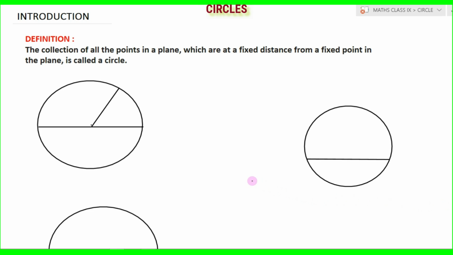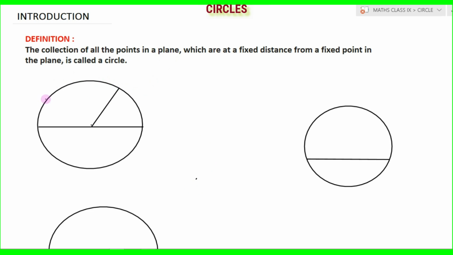One common definition is: the collection of all the points in a plane which are at a fixed distance from a fixed point in the plane is called a circle. So the definition states the collection of all the points in a plane.